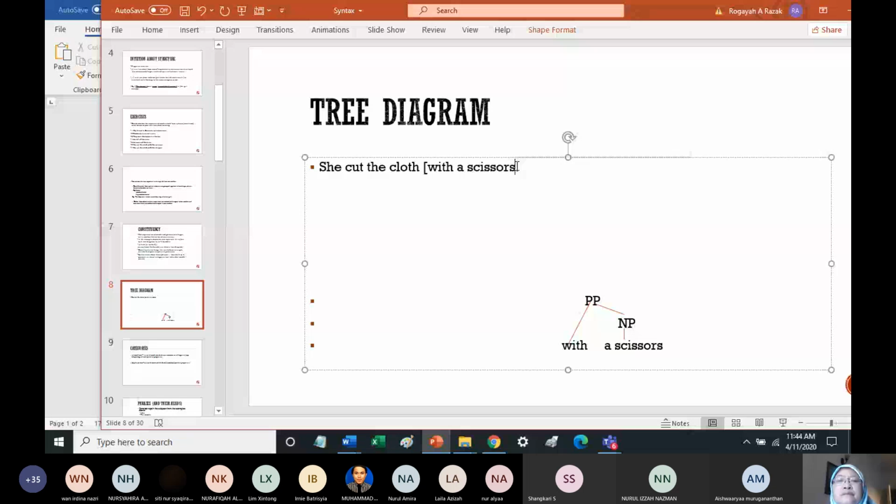Then just now we said the scissors is together with the verb, because it's an instrument reading. So maybe I go further up, say VP. So the VP, verb phrase. The verb phrase will have cut as the verb, the cloth as the noun phrase, and then a PP.